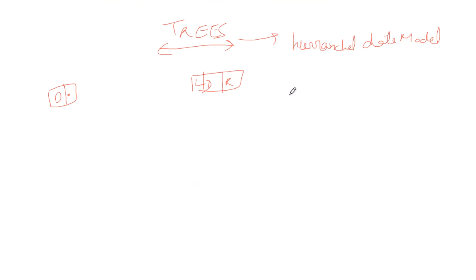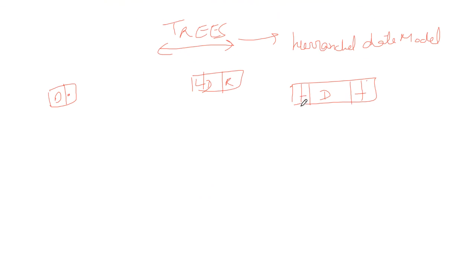We saw that a tree can have any number of children. So basically, any node will have a data and some children of it. Now, if we say that every node can have a maximum of 2 children, then we call it a binary tree.